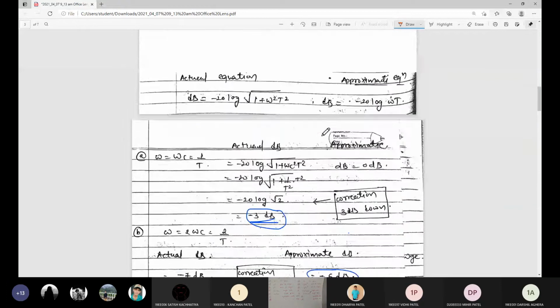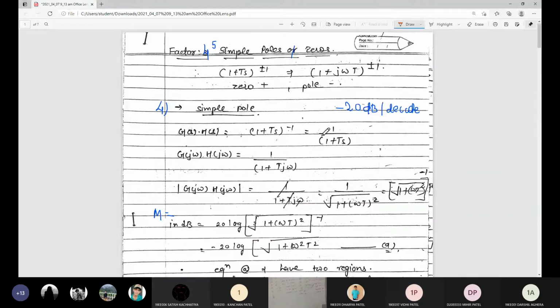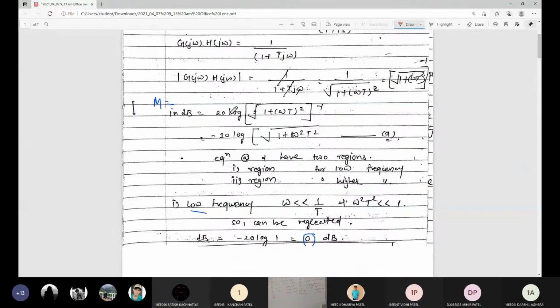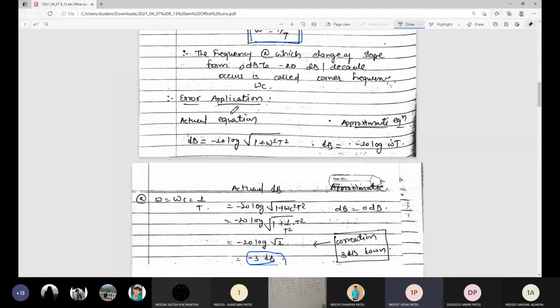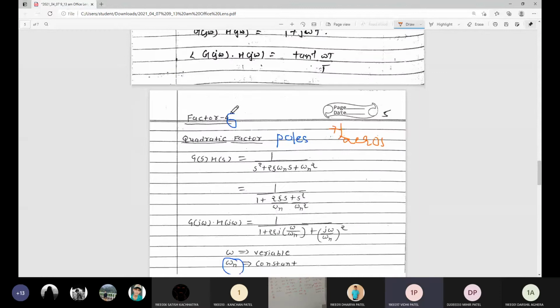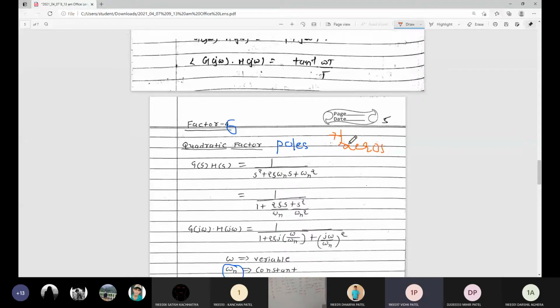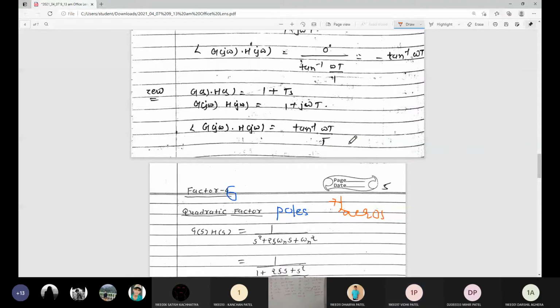Third, zero at origin. Fourth, simple pole. Fifth, simple zero. Sixth, quadratic factor, quadratic poles. Seventh, quadratic factor, quadratic zeros.